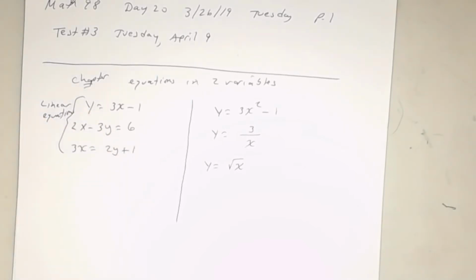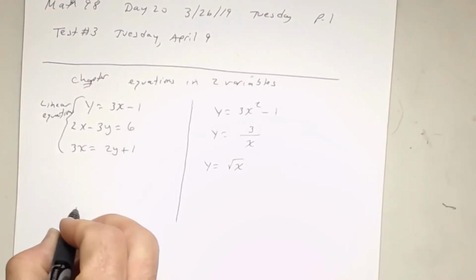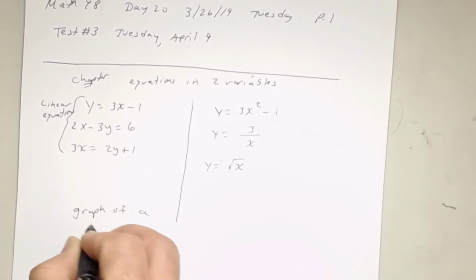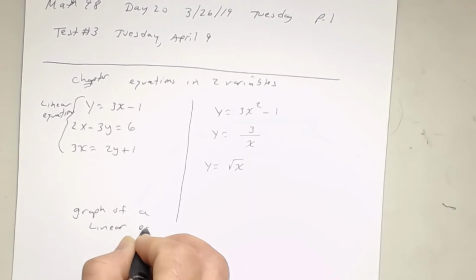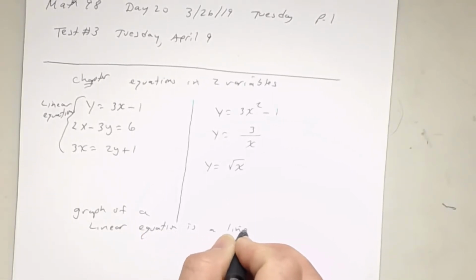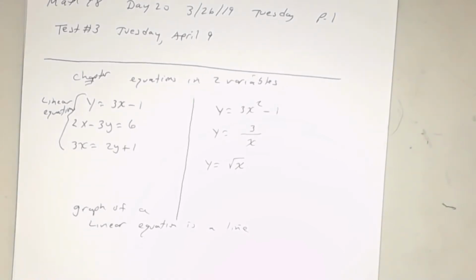These are linear equations, the first three, the first column. Notice the word linear is the word line. So when you graph these, you're going to end up with a line. The graph of a linear equation is a line.